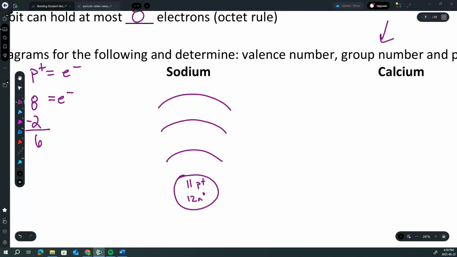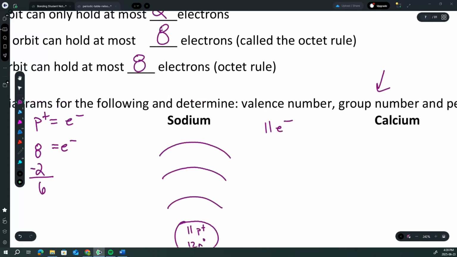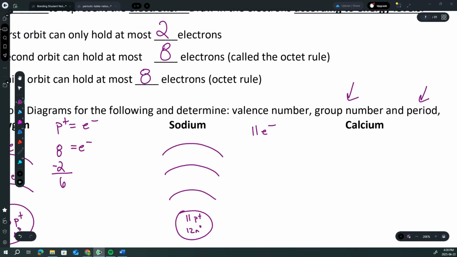And then I'm going to start off my electron count by saying 11 electrons. The reason is that for an atom of sodium, the amount of protons is equal to the amount of electrons. Now remember that the first orbit can hold a maximum of 2 electrons, so I'm going to write 2 electrons. So I used up 2, and I have 8 electrons left.